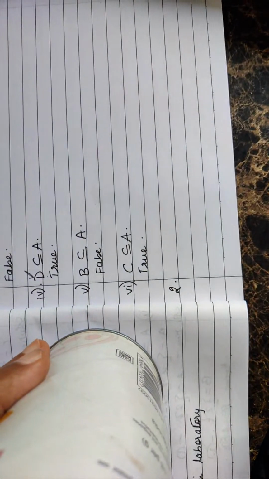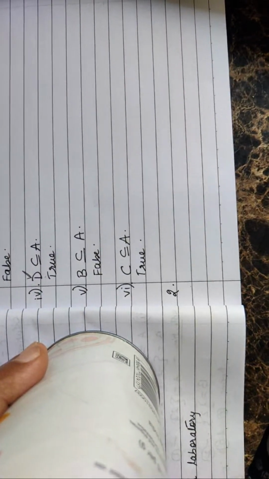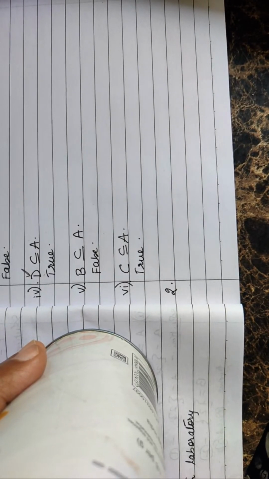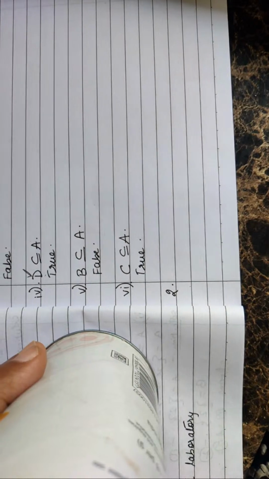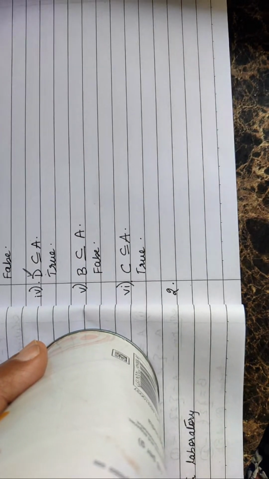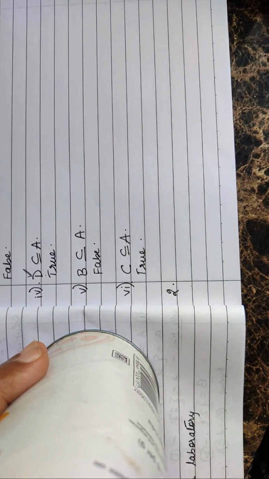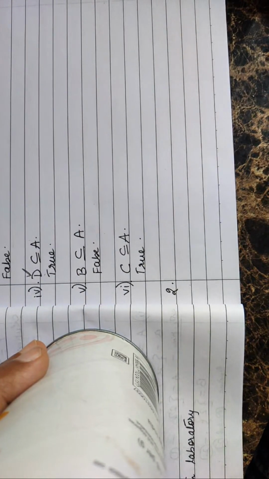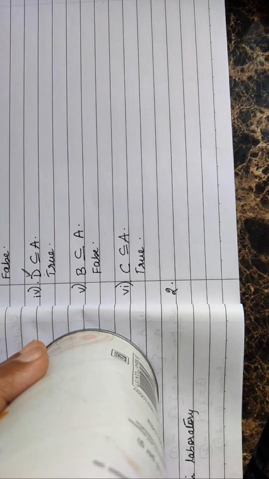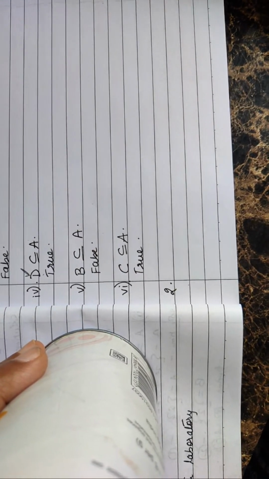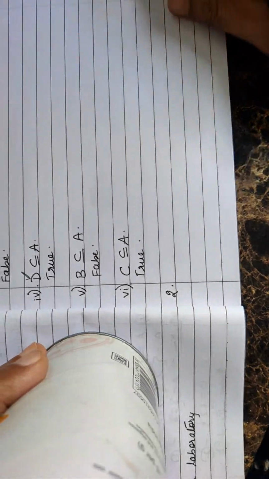Question number 2 says, take the set of natural numbers from 1 to 20 as the universal set. Okay students, the universal set is the set that contains all our other subsets. This is the biggest set, and for every sum this universal set is different. So you have to read carefully, make the universal set, and accordingly then make the other small sets. Fine. So I think I will require a new page for this question.